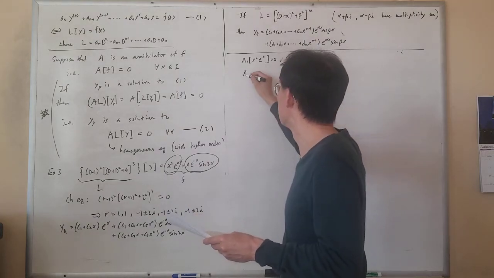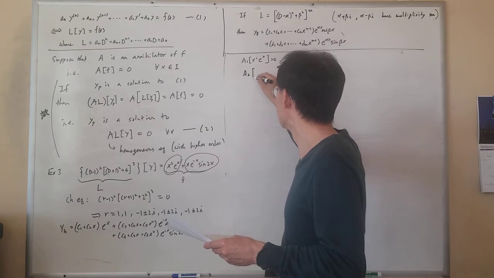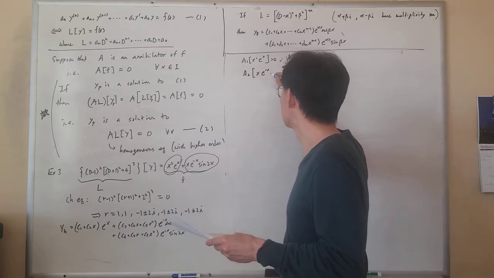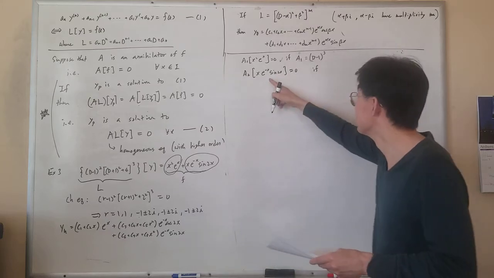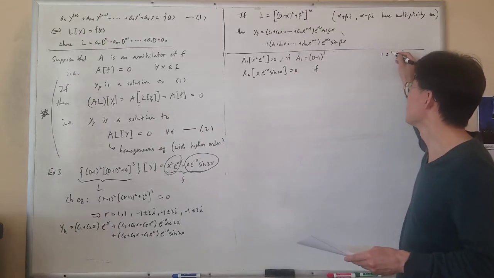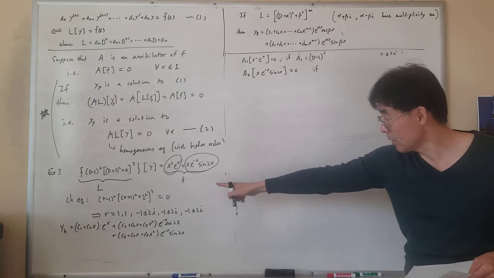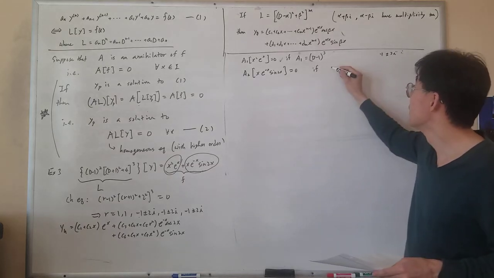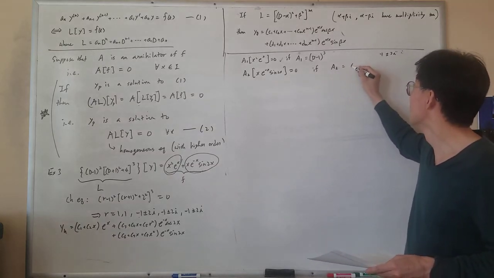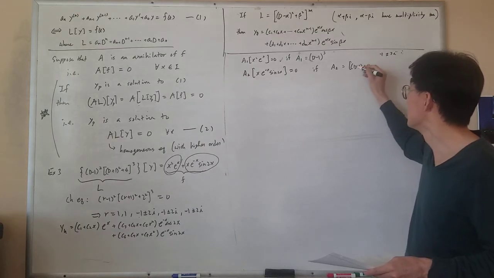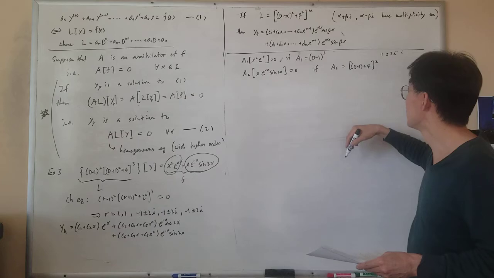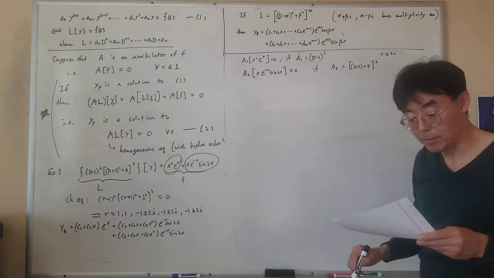Now what about this? x times e to the minus x, with roots minus 1 plus minus 2i. Again, same thing as this, right? If a2 equals (D plus 1) squared plus 4, squared, then this will be 0. Okay?